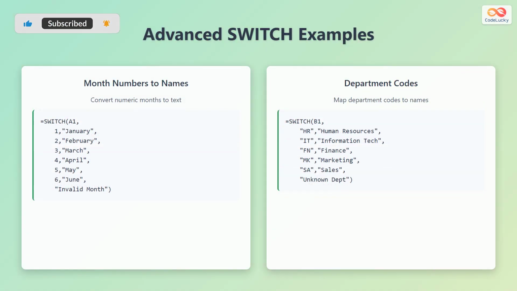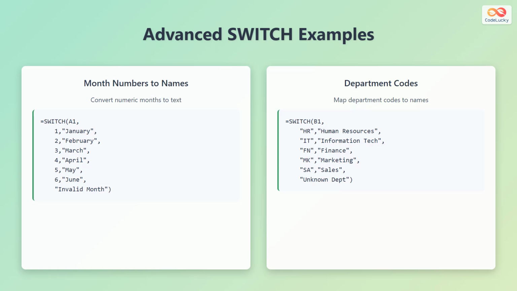Let's explore some advanced examples of the switch function. The first example shows how to convert month numbers to names. If cell A1 contains the number 1, the formula returns January. If it contains 2, it returns February, and so on. If the value in cell A1 doesn't match any month number, it returns "Invalid Month".